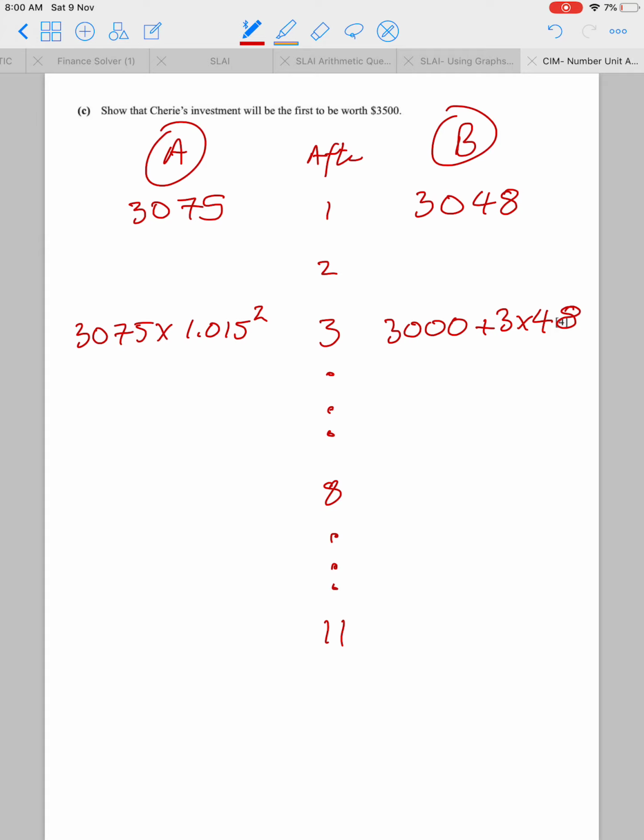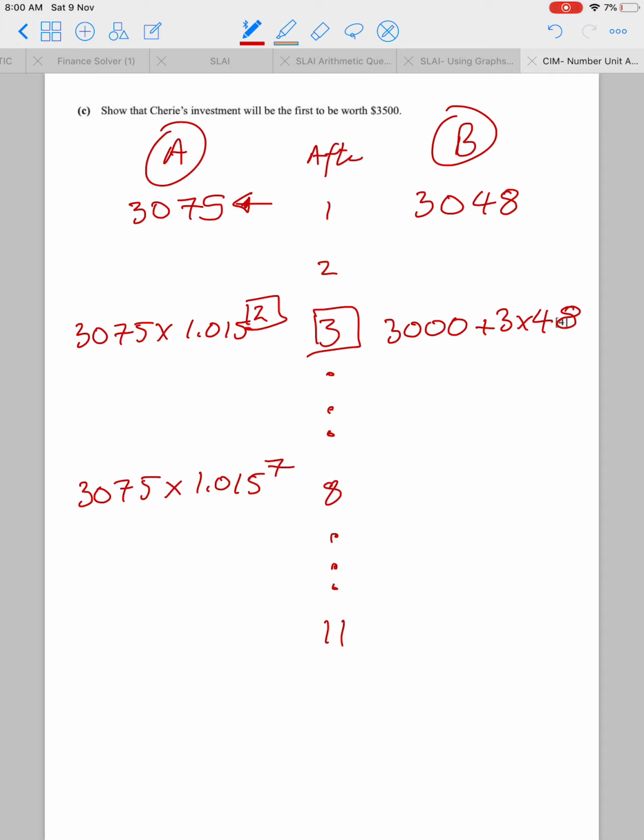So you should be able to see the patterns now in the table and just try and guess to find out where the totals end up. So over here, after 8 years, 3,075 times 1.015 to the 7, okay? Because after 3 years, we powered up to 2, because we'd already had 1 year of simple interest.